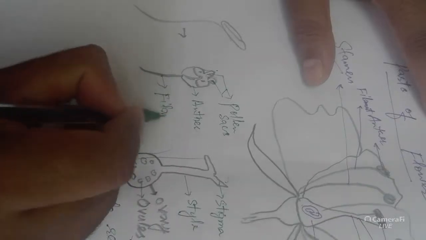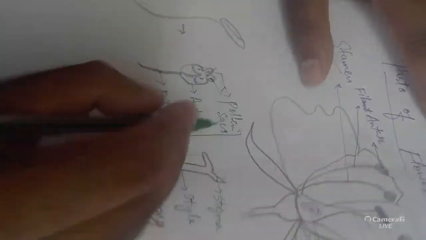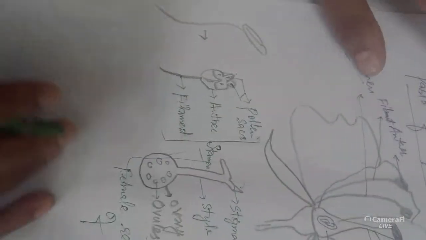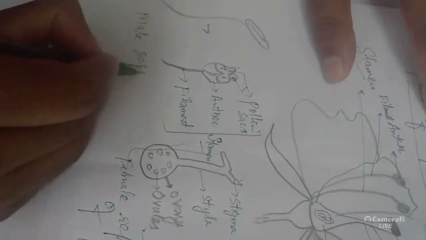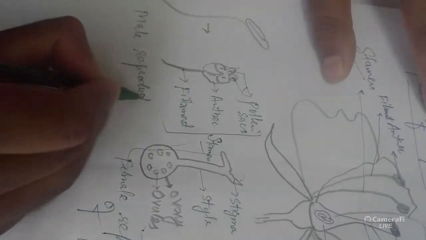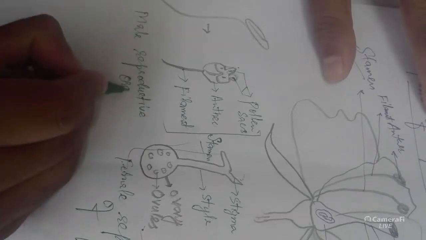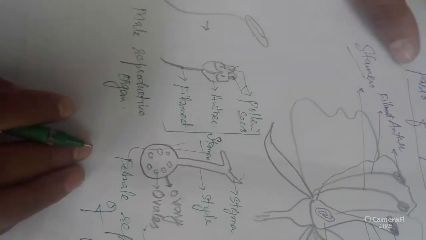So this is overall called the stamen, or totally, this is our male reproductive organ of the plant. I hope my students are understanding the concept I am discussing here.